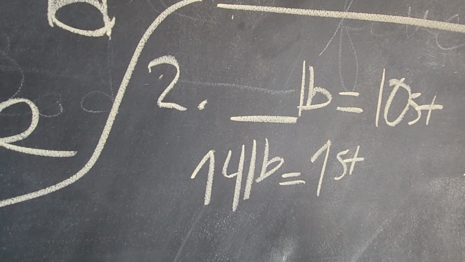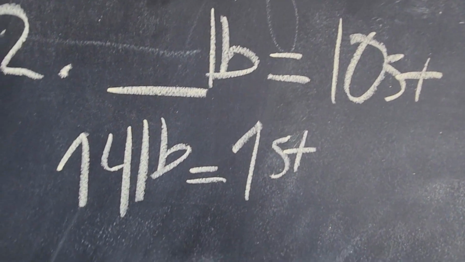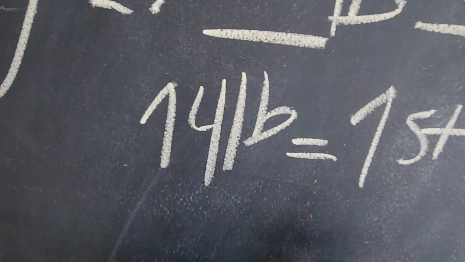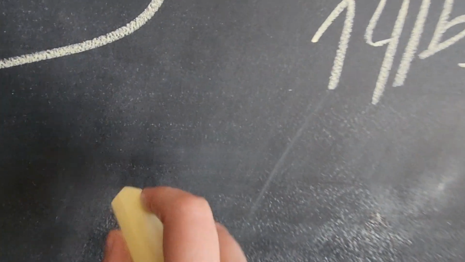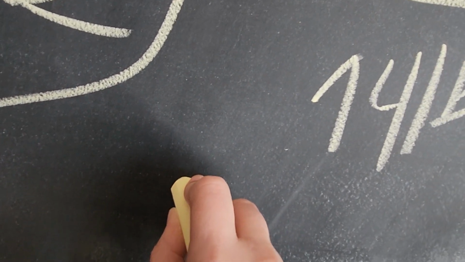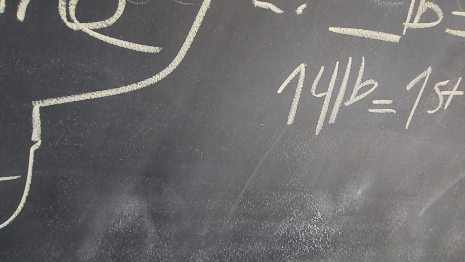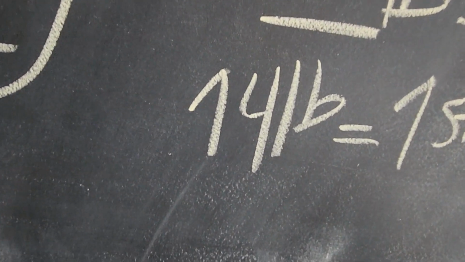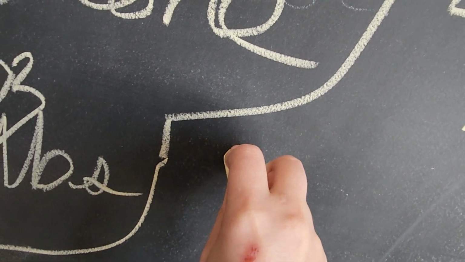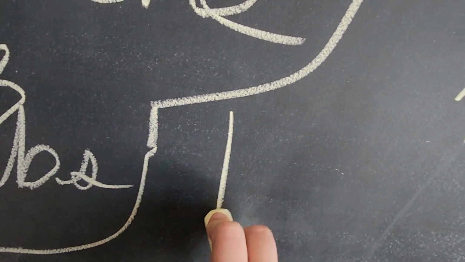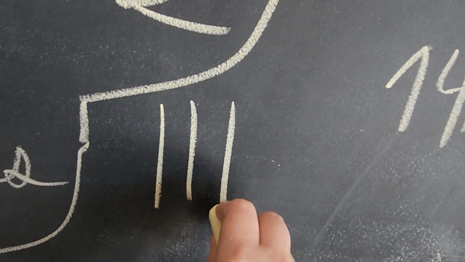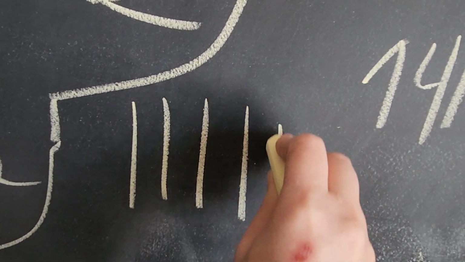Okay, so then if I do 14 times 10, I think, because if I do 14 stone, let's see here. I'm going to count each of these as 14. So that's 14, 14, 14, 14, 14.